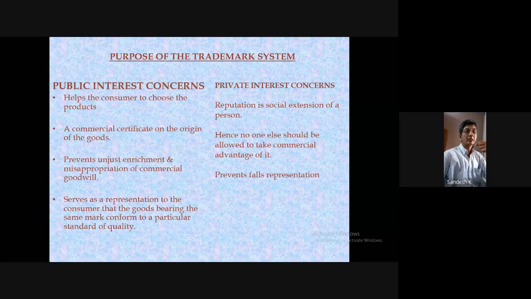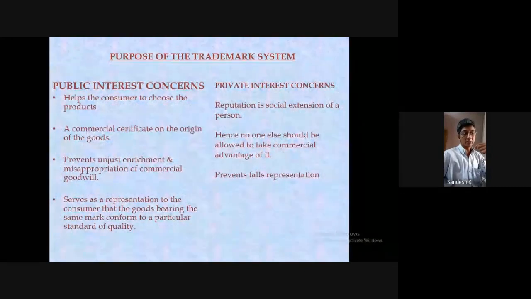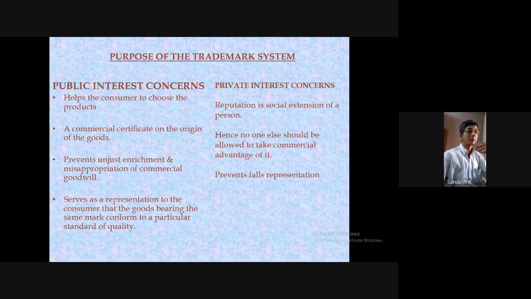So when somebody says there is a product, say Sony, they immediately understand it's not from Karnataka, or it is not from Mangaluru. Definitely they can say it has come from somewhere else, because they know from where it comes. Or maybe if it is an original, it is from this particular place. It's a specific product which is manufactured in this place, and then sold in some other place. Then they can make it out. So this is a commercial certificate. The trademark itself is a commercial certificate. You need not give a separate certificate for that.